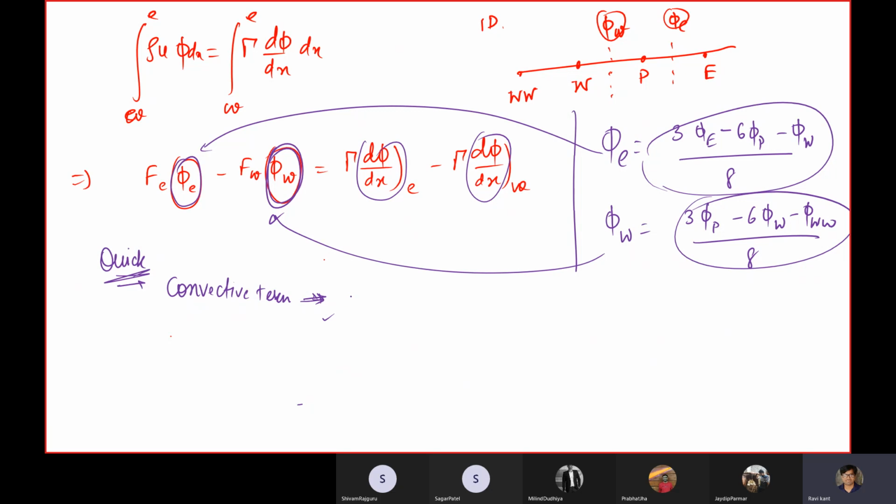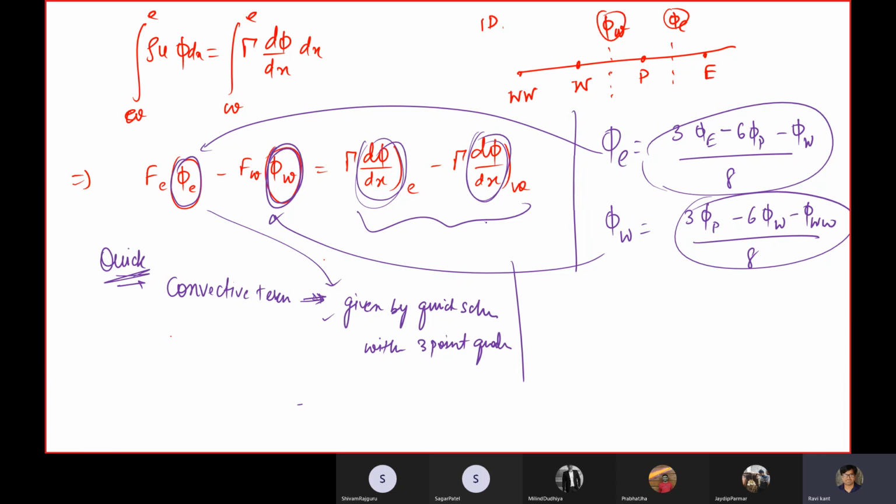So the convective terms, phi e, will be given by the QUICK scheme with a 3-point quadratic profile, right? And your diffusion terms, in all our schemes, will always be a linear profile.